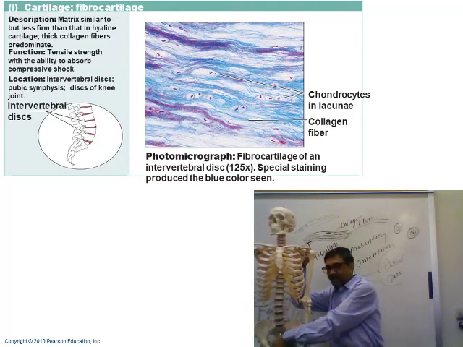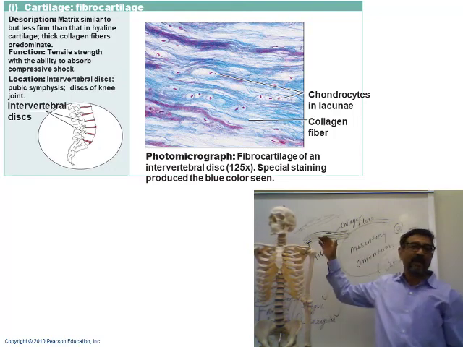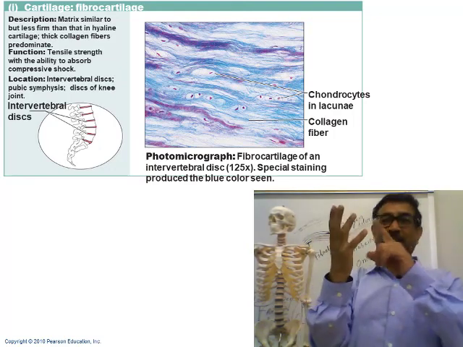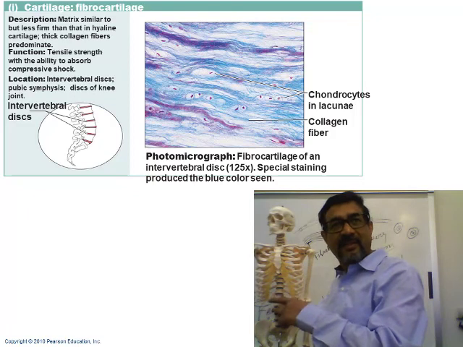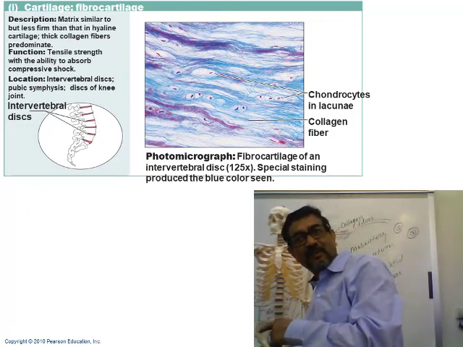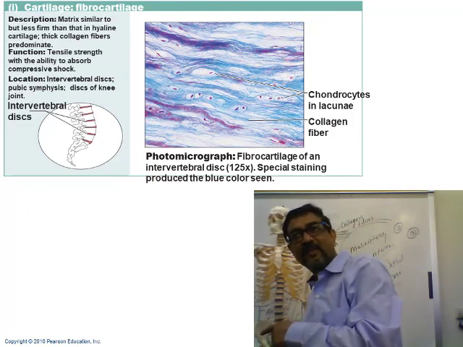And what is this? Pubic symphysis, right? You have studied the bone. So this is also fibrocartilage. How many did I mention? Two, right? Intervertebral discs and pubic symphysis.